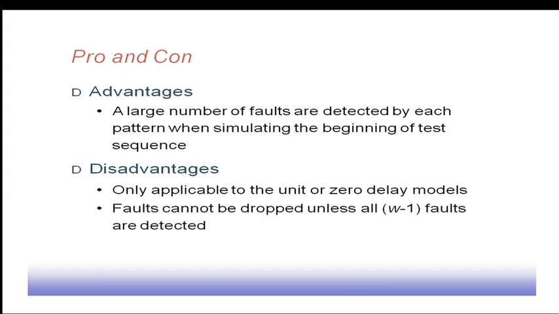If all W-1 faults have been detected, then you can drop them and construct a new word consisting of a different set of faults, and that way it is better. But otherwise fault dropping is difficult.